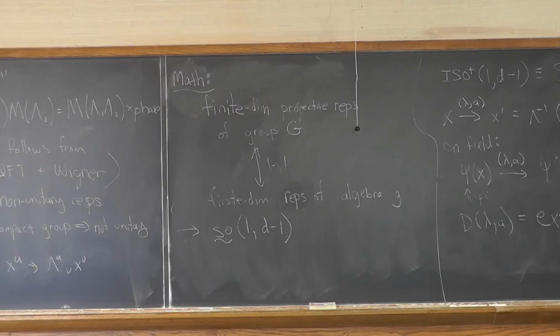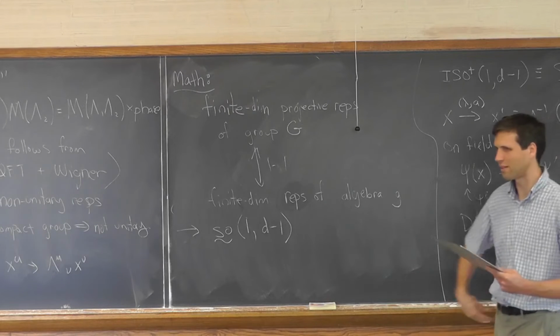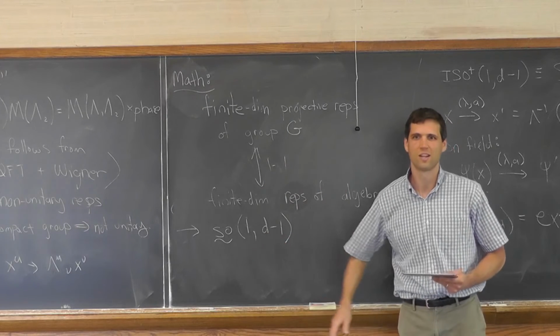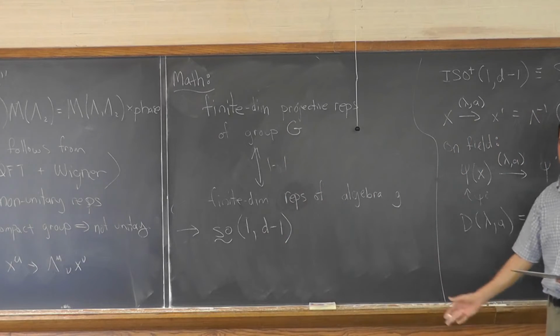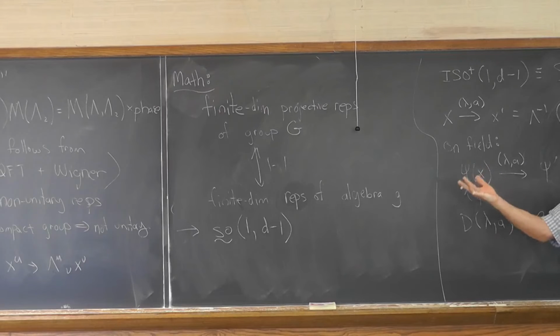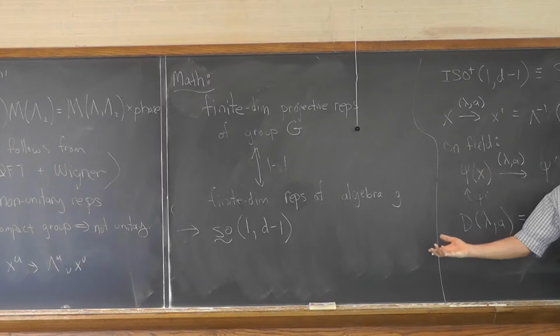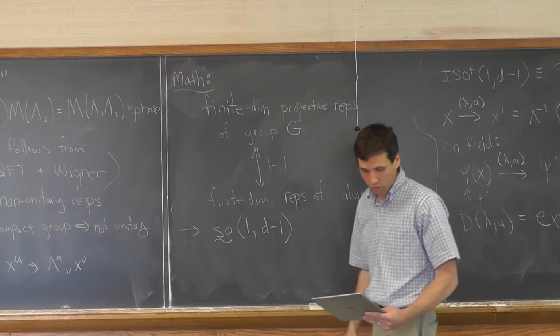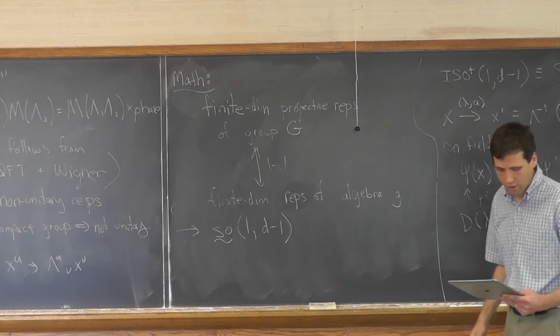So what physicists like to do is completely ignore the distinction between groups and algebras, and uppercase and lowercase letters. But this is the reason for it. It's because the group transformations in the Lorentz group are projective reps, and those really do have a one-to-one correspondence to the representations of the algebra.